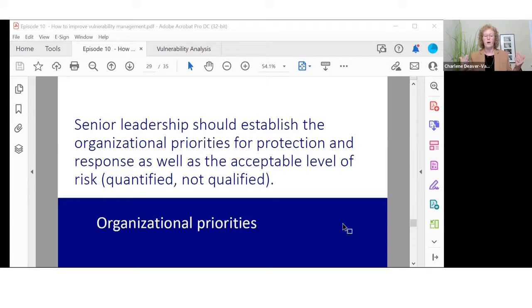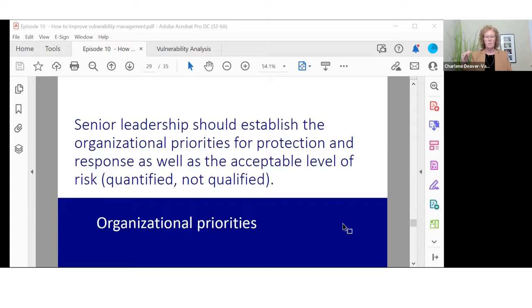When we quantify risk, we take it from these qualitative labels like high, very high, which is kind of touchy-feely, and we put numbers to the data. And that's what you're going to do in this analysis. You will be quantifying that data. Leadership needs to, and you can start this conversation with them, quantify what is that acceptable level of risk, that risk appetite, what is that?